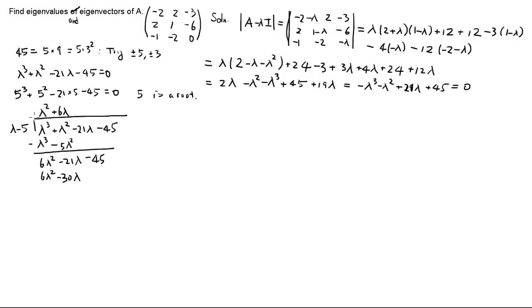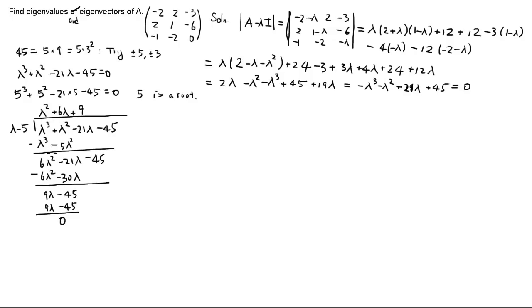And then we again subtract over here. We have negative 21 minus negative 30. So we have 9 lambda over here and minus 45. Of course, it's divisible. So we have 9 over here. And we have 9 lambda and minus 45. And that's perfect 0 over here.